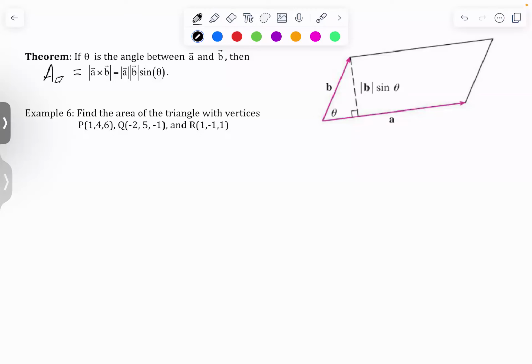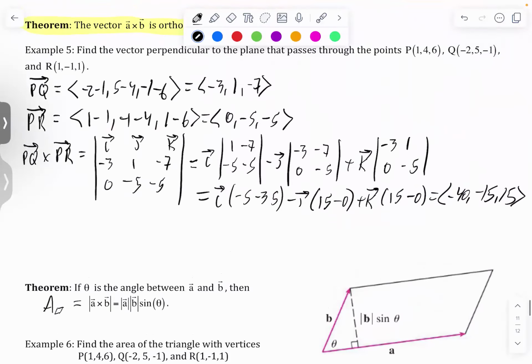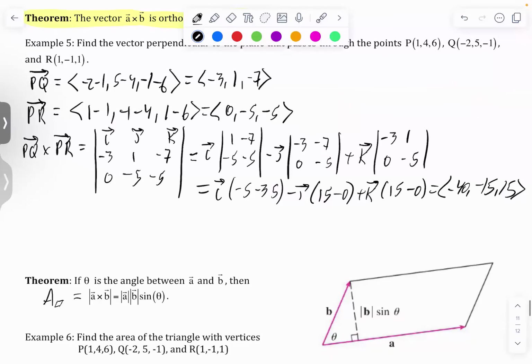Now, I do want to point out, we don't need to know the angle and the magnitude of A and B and all that. We just need to find the cross product and find its magnitude, and that will give us the area of the entire parallelogram. Now, very nicely, you'll notice that these 3 points here are the same 3 points up here.